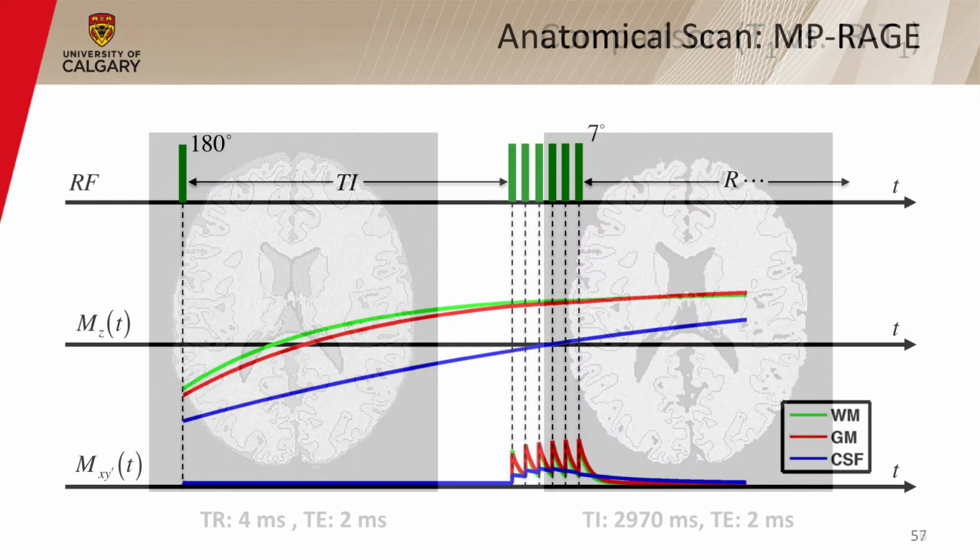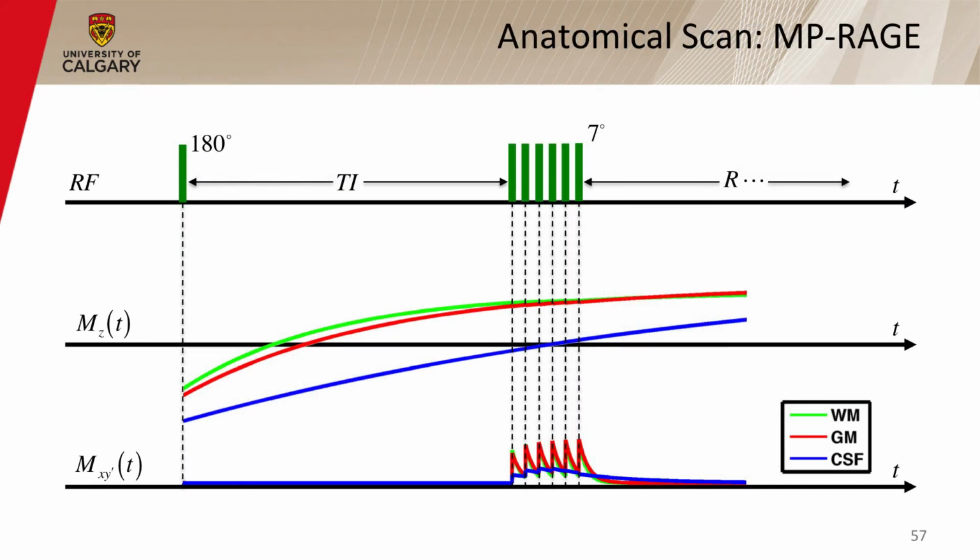Okay, and so this is the basis for MP-RAGE imaging, which a lot of you may be familiar with in your anatomical images. And so basically, instead of applying just one 90-degree pulse, you apply a bunch of 7-degree or some small flip angle at or around the null point of the CSF, and that's basically to try to speed up the actual acquisition.